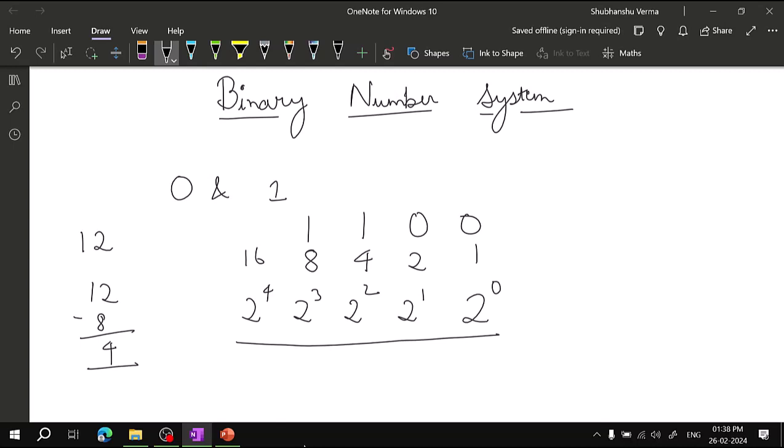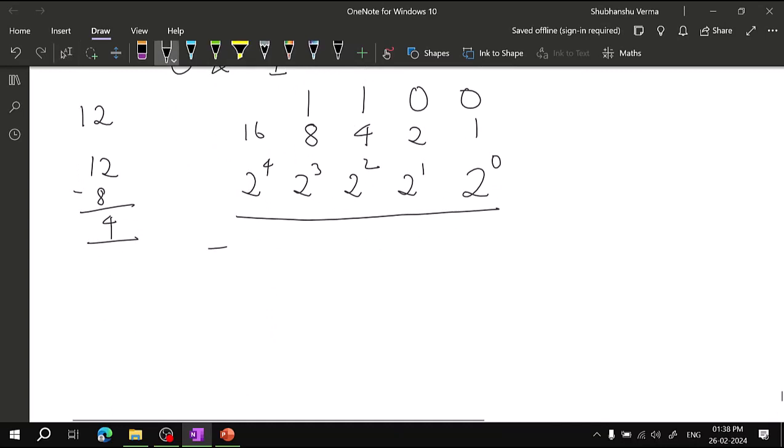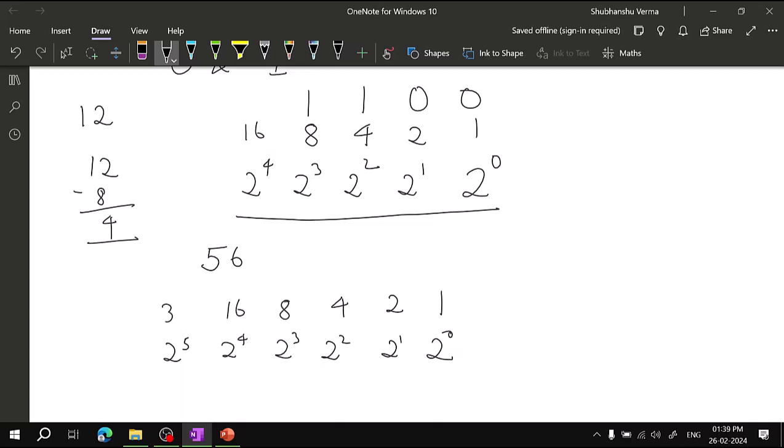Let's have a look at one more number, which is 56. If I need to see how the system understands this number at the back end, I'm again going to define the same things, starting with 1, 2, 4, 8, 16, 32.